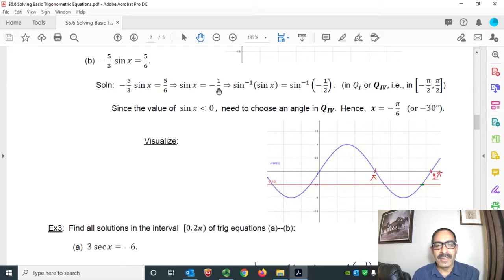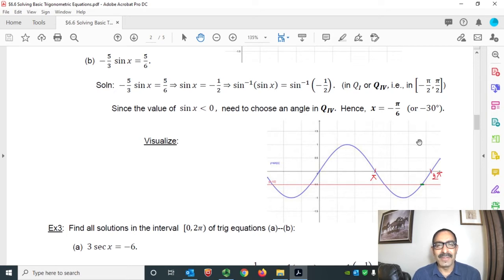Hence x equals -pi/6. Since we know sine of pi/6 is 1/2, I have a minus sign. That's why I need to put the minus there. That means I'm picking x equals -pi/6, that's negative 30 degrees. I hope this makes sense to you all.